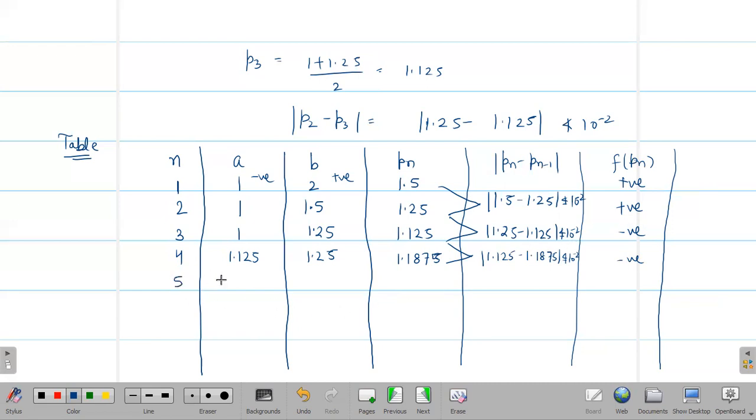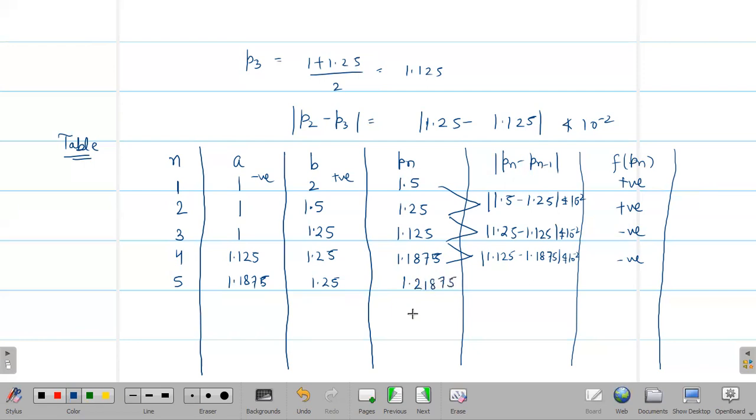So again, for the fifth iteration, I have to replace the negative also. So 1.1875 and 1.25 will be the same. And here you have to find the midpoint. I'm taking the midpoint of these two.